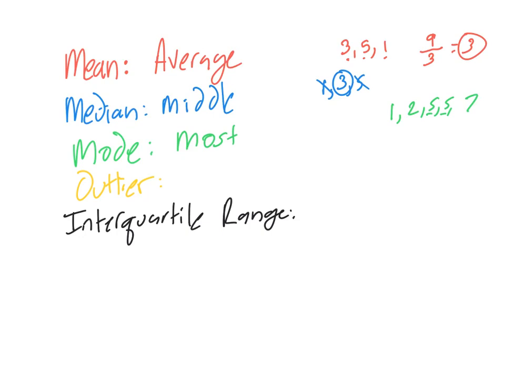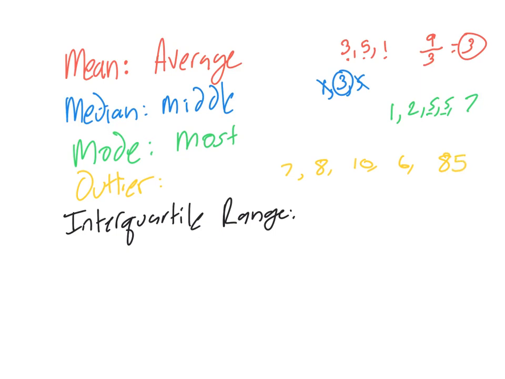Now, we have something called an outlier. If something is an outlier, it's an odd number. Like if I have 7, 8, 10, 6, 85.